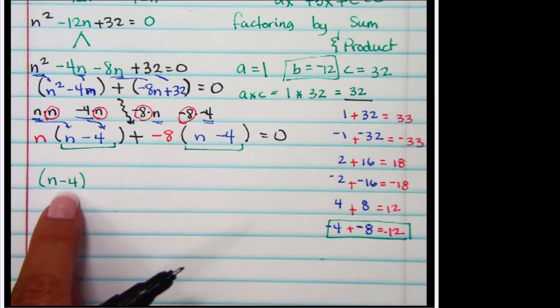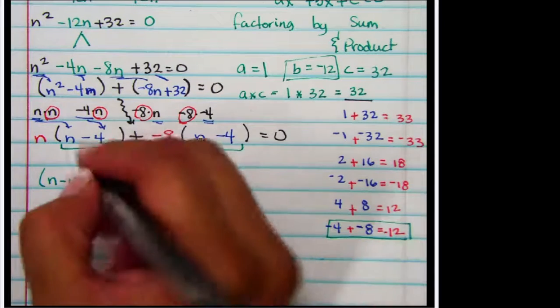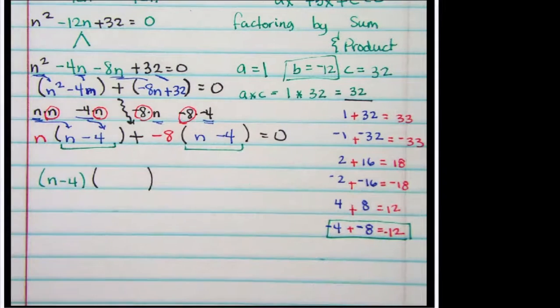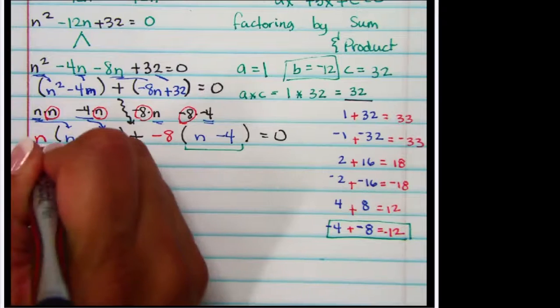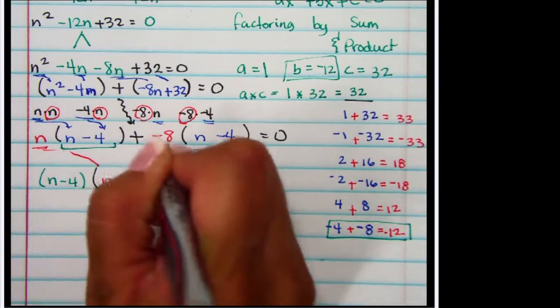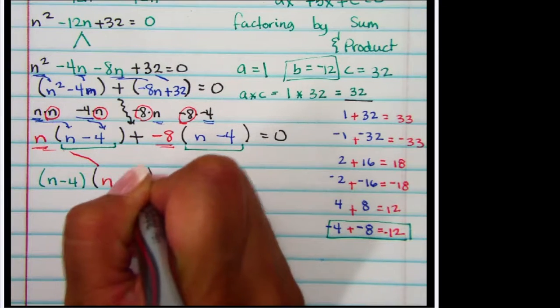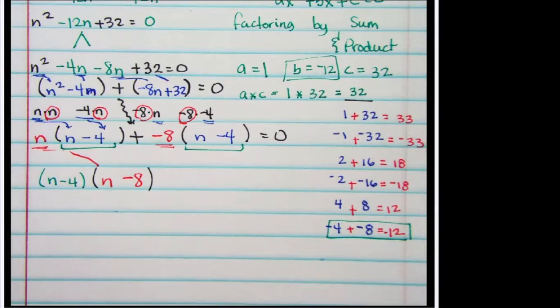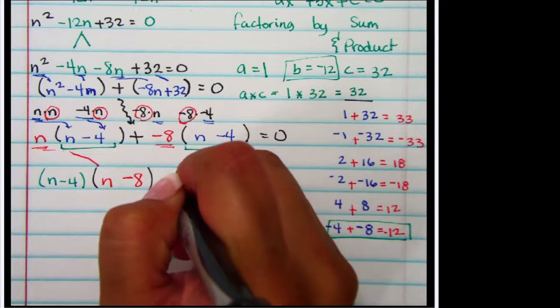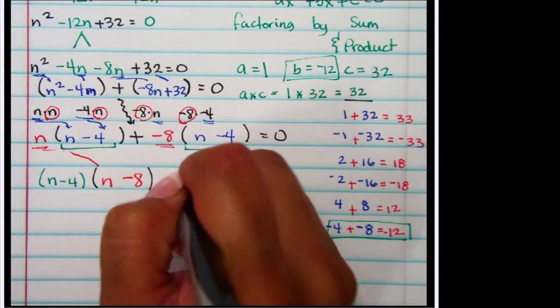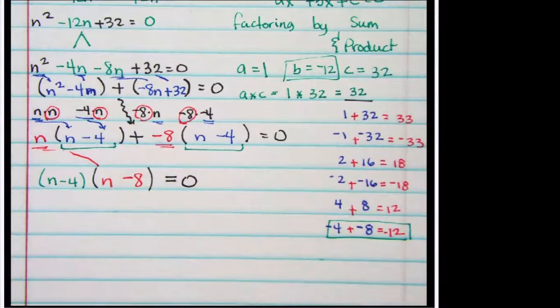But because this factor has two terms in it, I need to write it in parentheses. There's my group that's representing these black groups that I've been carrying from before, and I'm going to write in what's left over from each term when I ignore the greatest common factor. Excuse me. Don't forget to bring back down your equals 0 because we are solving.